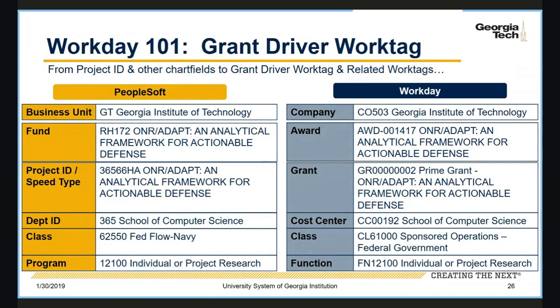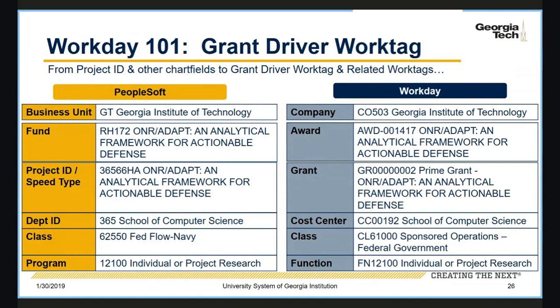In Workday, that would be an award, something like AWD-001417. In PeopleSoft, we saw speed types or projects, which might have looked like 36566HA. This will be a grant in Workday, and it might be labeled GR2. And also notice the prime grant prefix that we've placed into the title of this grant.